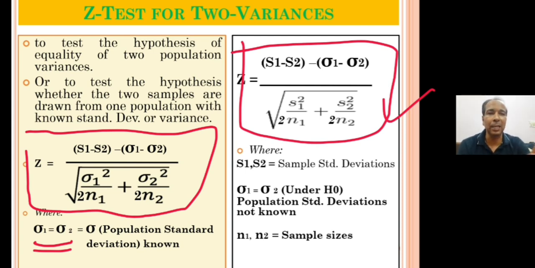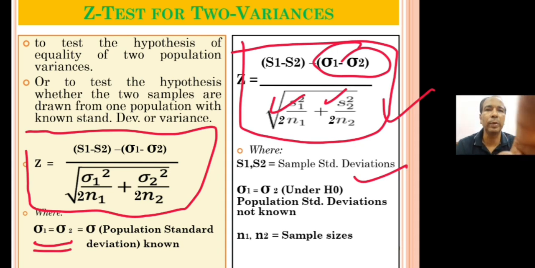So sigma 1 square can be written as S1 square, and sigma 2 square can be written as S2 square. The rest remains the same. Again, the null hypothesis is sigma 1 equal to sigma 2, so they are considered equal. That means the sigma 1 minus sigma 2 value becomes 0. This value becomes 0.